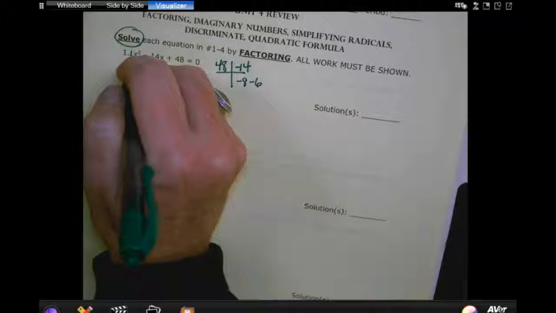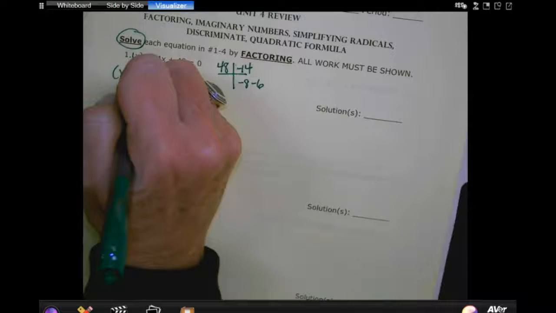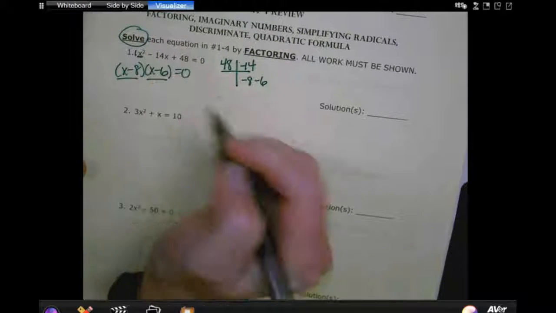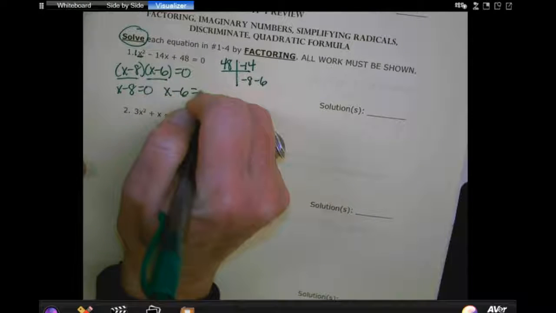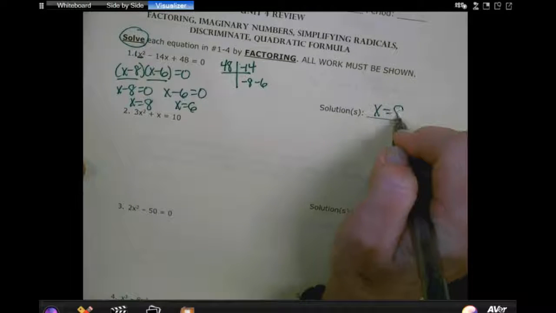And so in front of the squared is an x, so I'm going to have x minus 8 and x minus 6, and that equals 0. And you have to set each term equal to 0. So my x is 8 and 6.